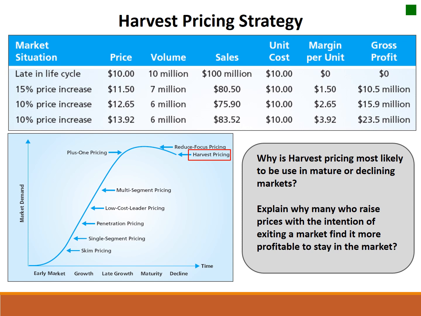So there are 8 different pricing strategies that are talked about. It goes from the skimming price strategy to a single segment strategy, penetration strategy, low-cost leader strategy, multi-segment, and then it goes into the decline and maturity strategies, the +1, reduced focus, and the harvest.